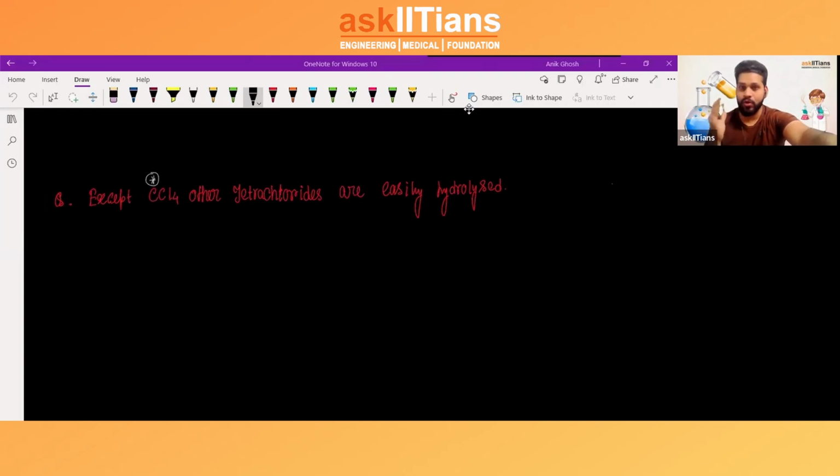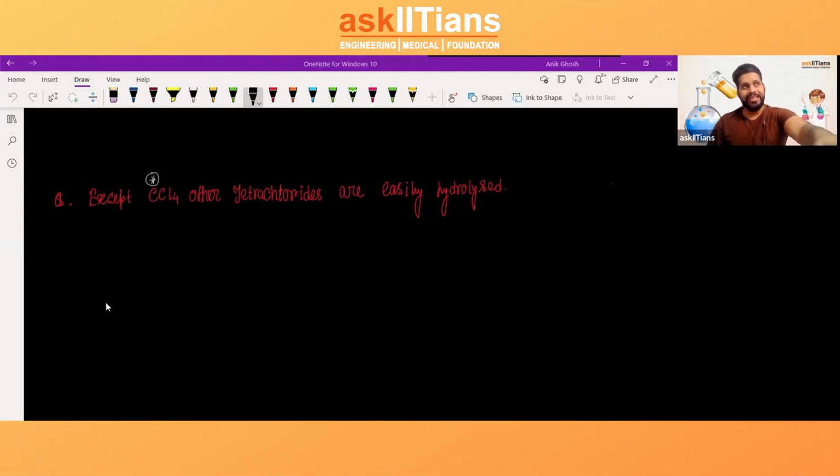Lone pair is not really a strong nucleophile. It's a weak ligand or weak nucleophile, whatever you call it. That means, in a way, hydrolysis is nothing but coordinate covalent bonding, isn't it? Because in coordinate covalent bonding, there is a ligand which is a donor of the lone pair. So similarly here also, the water's oxygen lone pair is being donated, so water is acting like a ligand here.